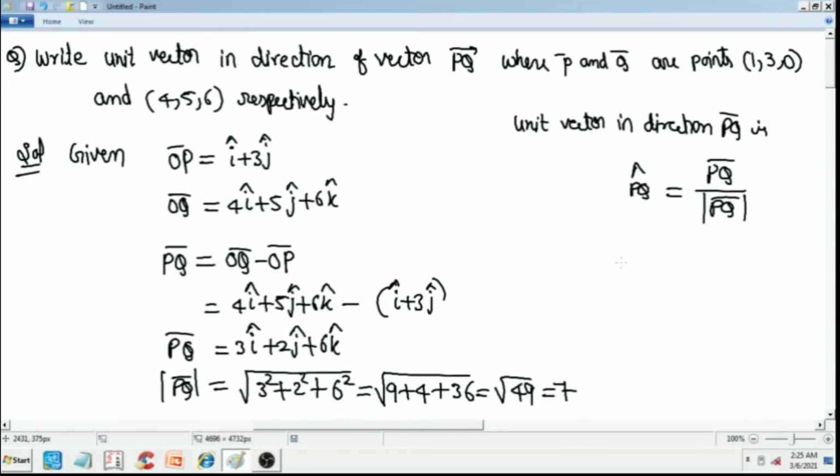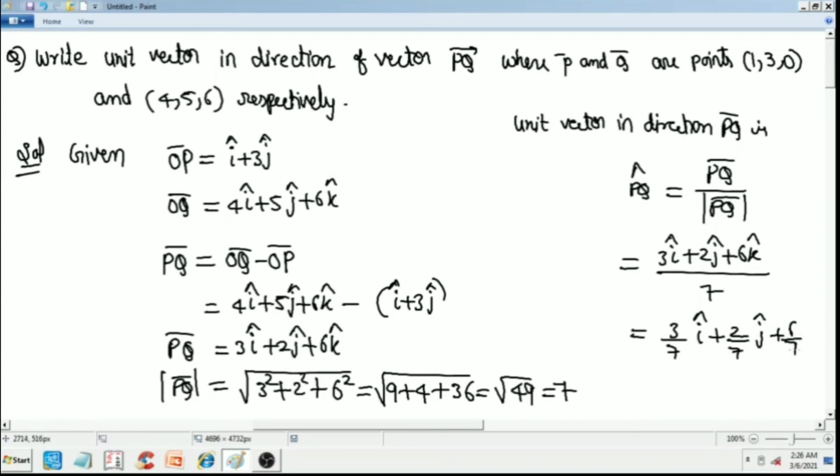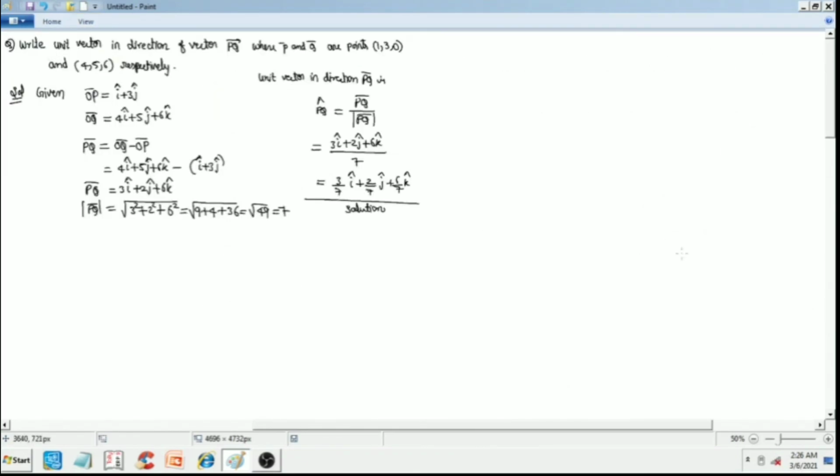So the unit vector is (3i plus 2j plus 6k) by the magnitude 7. Hence this is the answer. Separating 7 into i, j, k: 3/7 i, 2/7 j bar, 6/7 k bar. Hence this is the solution. Pause it and note down.